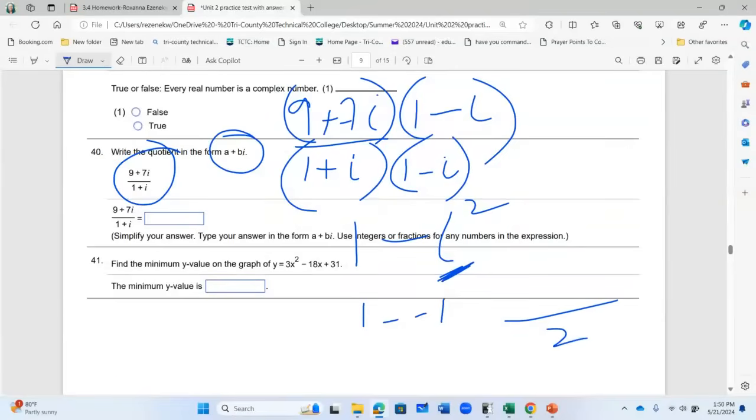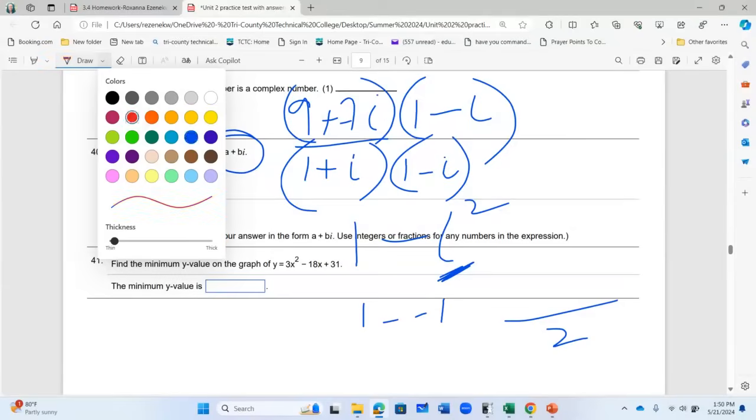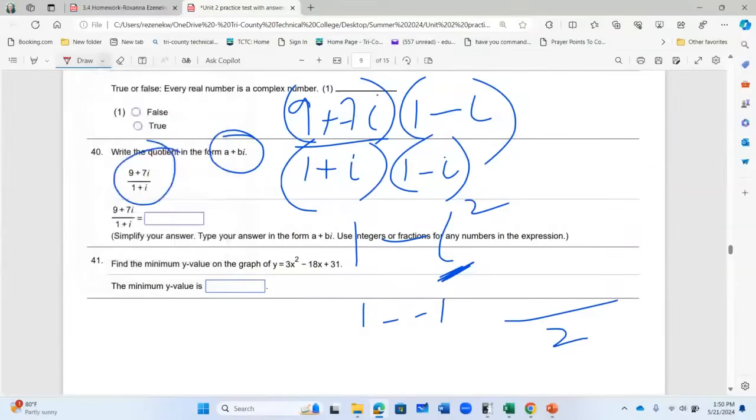Because the important thing is that the denominator does not contain a complex number. That is why you are told to simplify. They didn't even tell you to rationalize the denominator because they're trying to see if you remember it or you know it. And then in the numerator, I'm going to use FOIL. First, outside, inside, last.